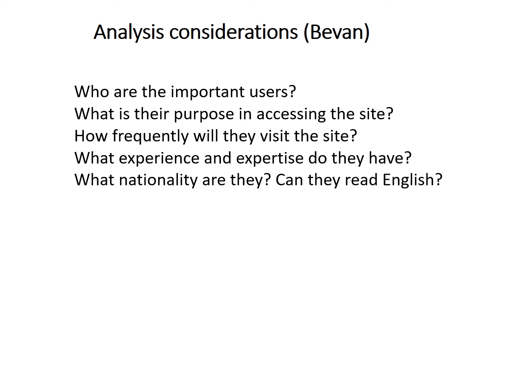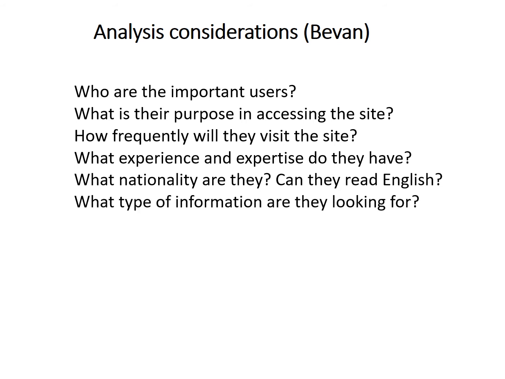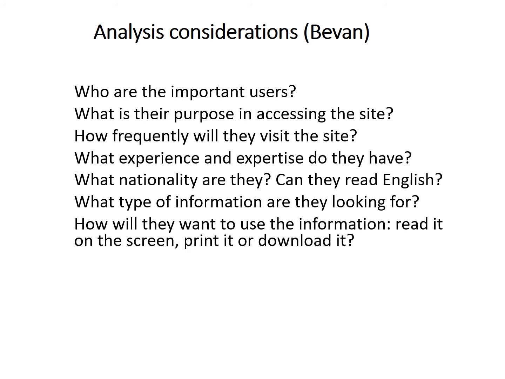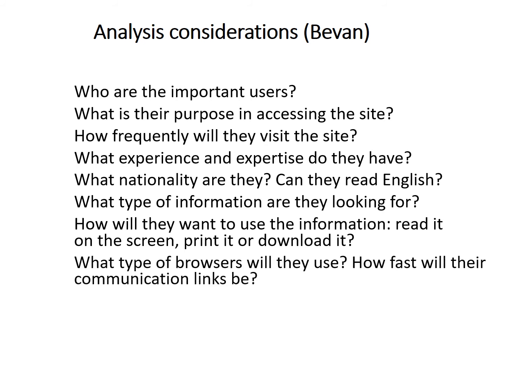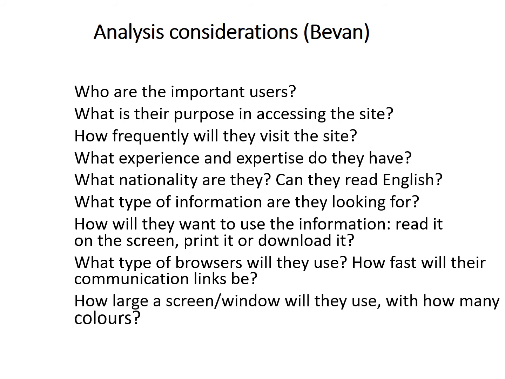What nationality are they? Can they read English? What type of information are they looking for? How will they want to use the information? Read it on the screen, print it or download it? What type of browsers will they use? How fast will the communication links be? And how large a screen window will they use?